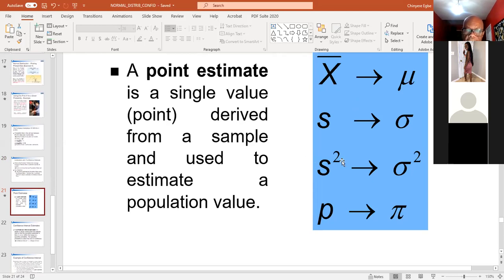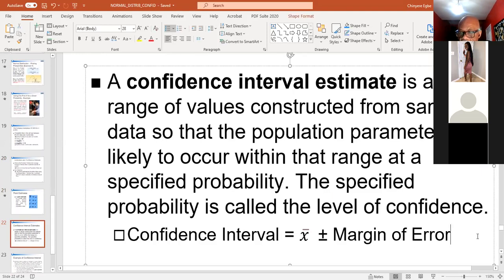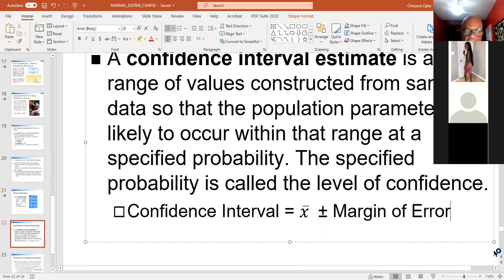And we use the sample standard deviation to estimate the population standard deviation. So how do we go about that? Now, a confidence interval is the sample mean plus or minus a margin of error. And this margin of error is what we're going to estimate.